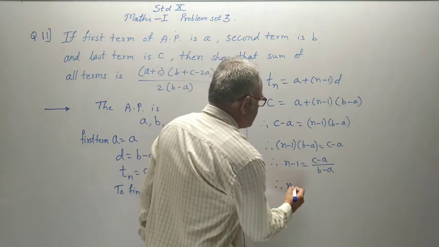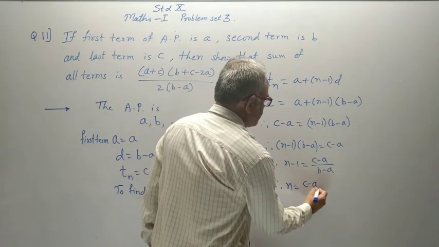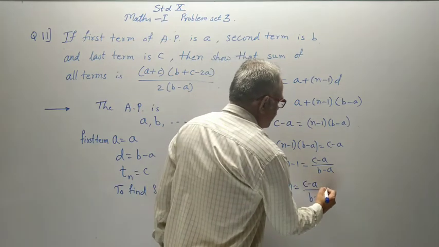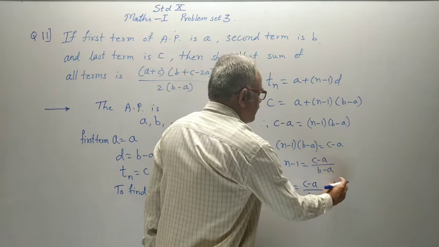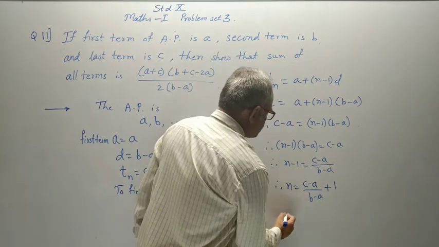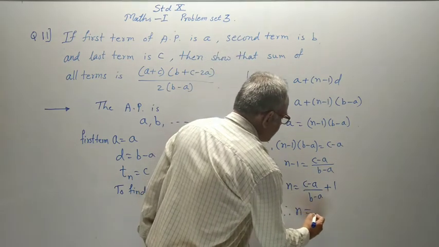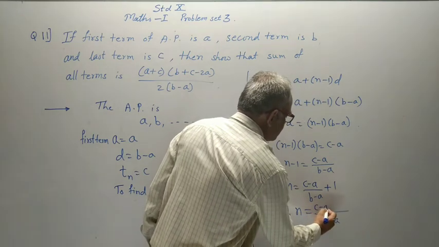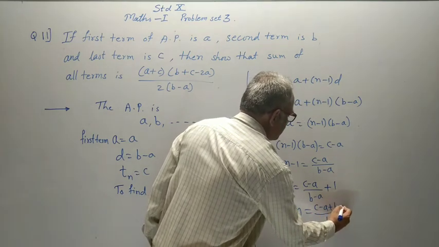Therefore n is, and this is very important, here many students make mistakes: when minus 1 is shifted it becomes plus 1, a separate integer 1. So we have to add by taking LCM B minus A, and this becomes C minus A plus B minus A.